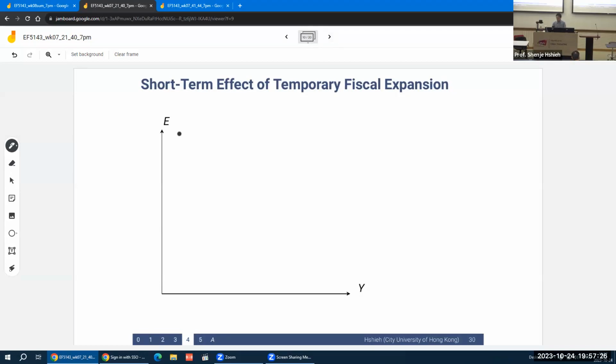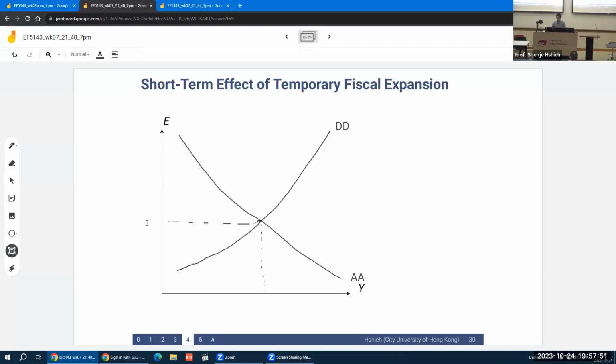So as usual, let's go through the full example with the starting equilibrium, write all the equations, and then try to figure out how a change in fiscal policy changes which curve and so forth. All right, so let's have a starting point here. Let's call that E prime.